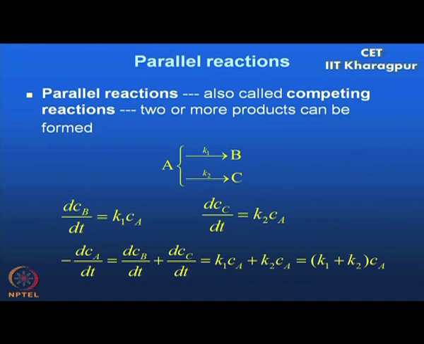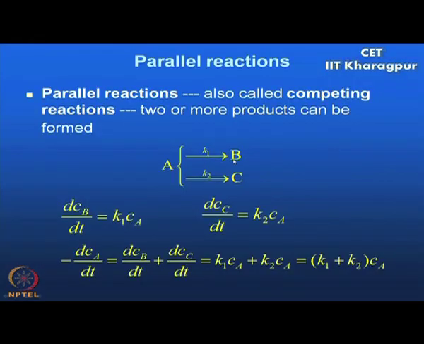A parallel reaction means a substance A undergoes a reaction to give you B, and there is a possibility that the same substance is also undergoing another, parallel process, that is not giving you B, but giving you C. So, this reactant A has got parallel reactions, with a forward rate K1 giving you B, and with another forward rate K2 giving you C.